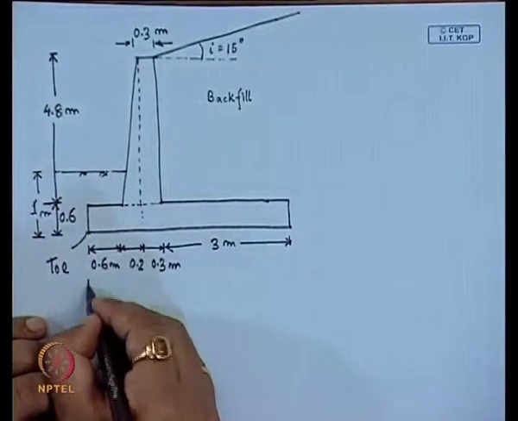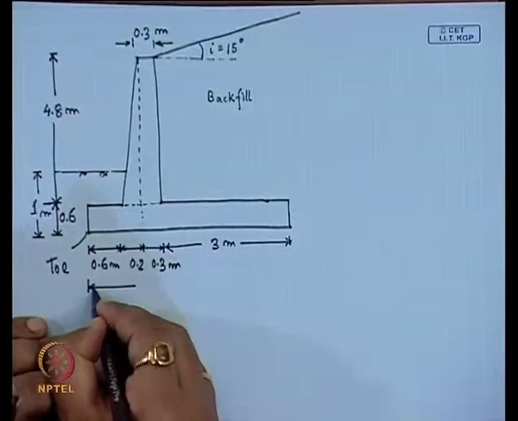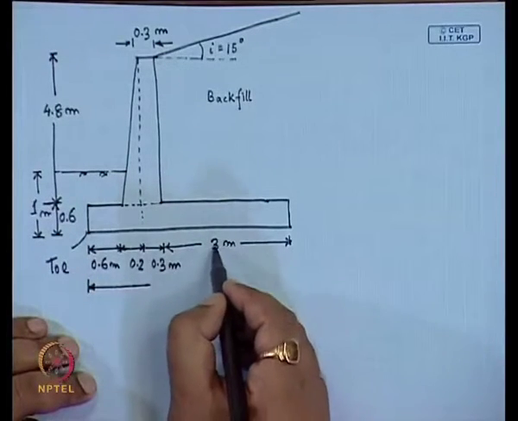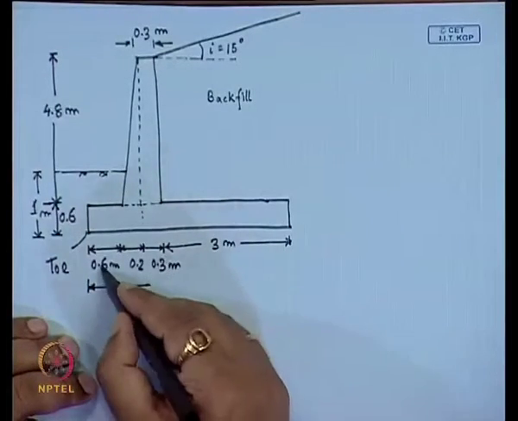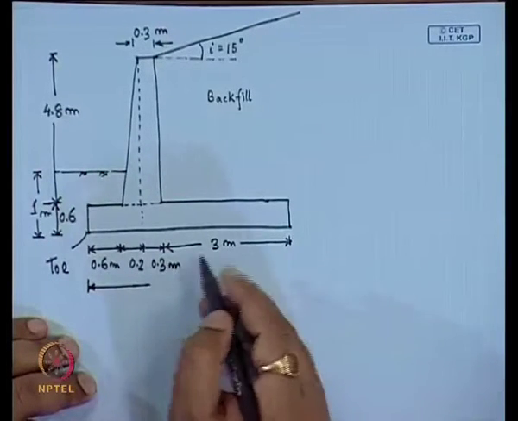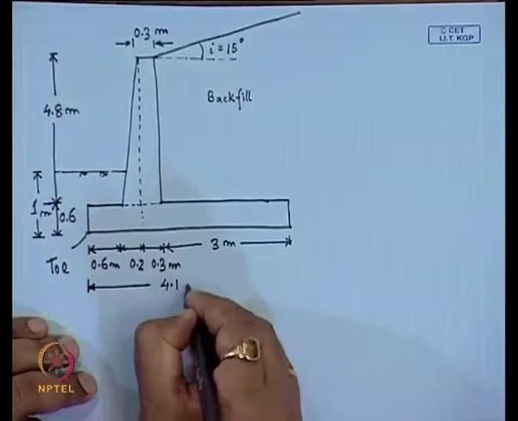So, the total base width of this retaining wall is 3 plus 0.6 plus 0.2 plus 0.3, that is 4.1 meter.